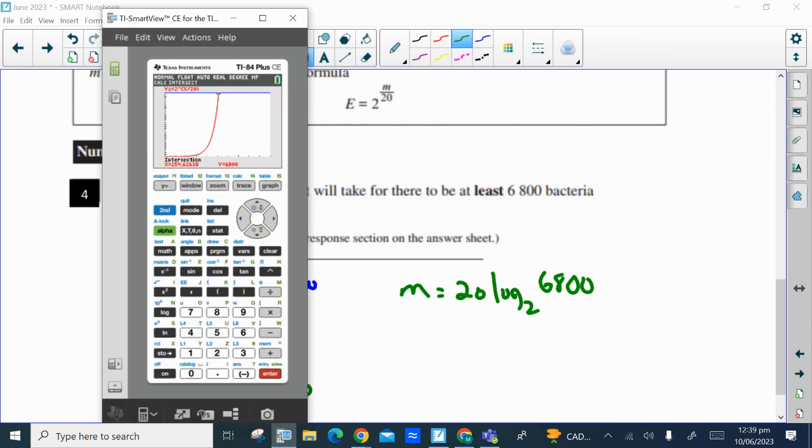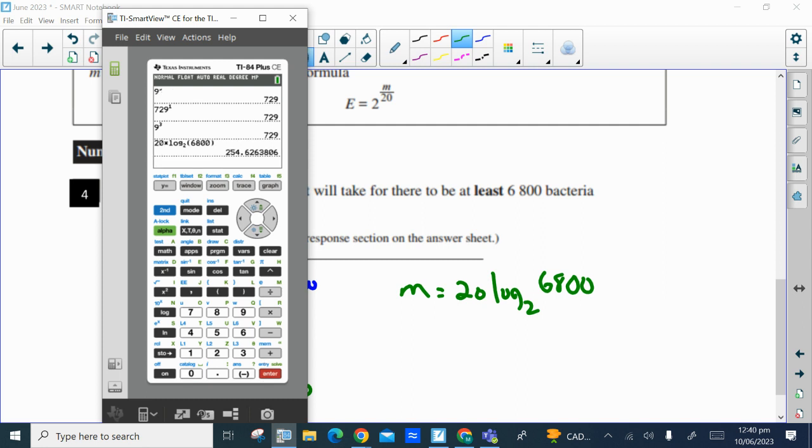And so that's what we'll figure out. Get off the graph. There we go. 20 times log base 2 of 6,800.